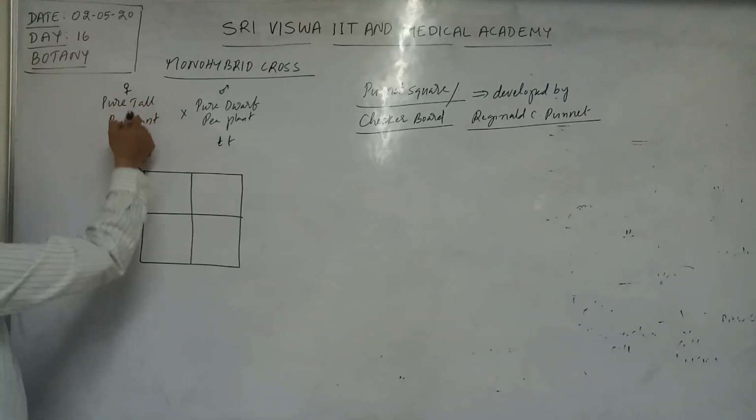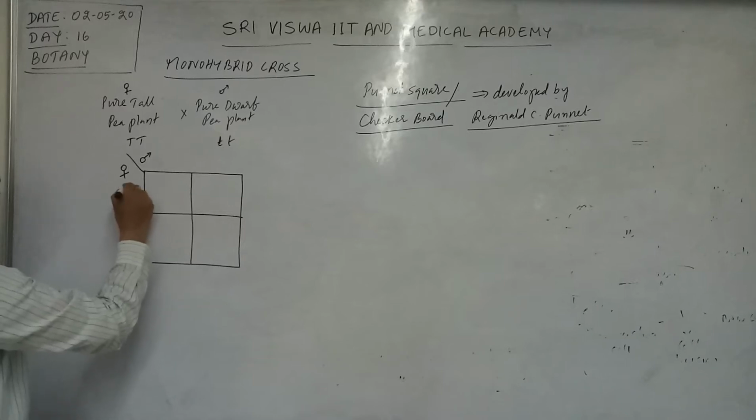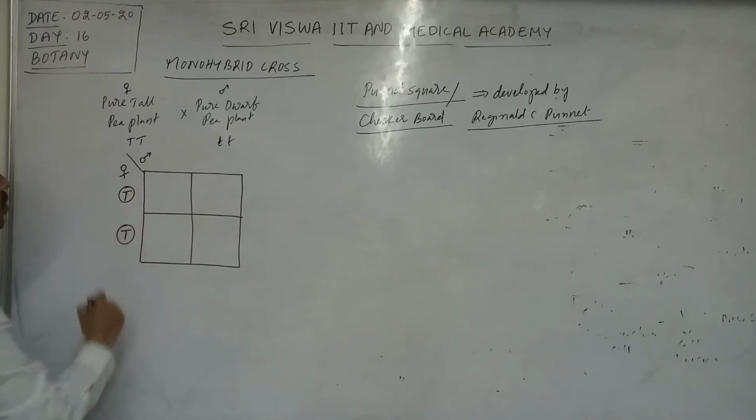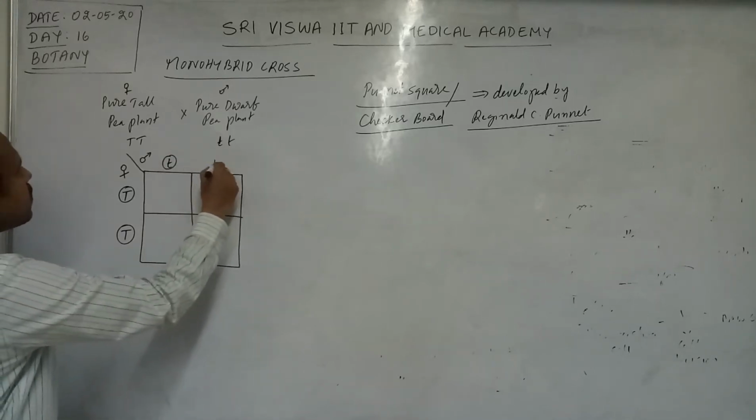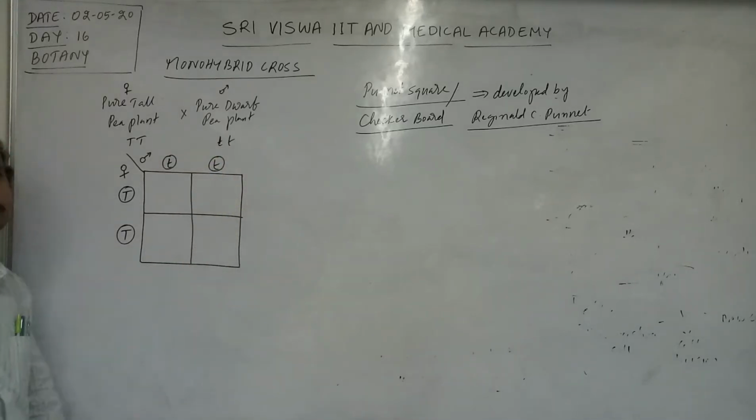How many types of female gametes are formed here? Only one type. All the female gametes are with capital T. How many types of male gametes are formed here? All the male gametes are with small t.